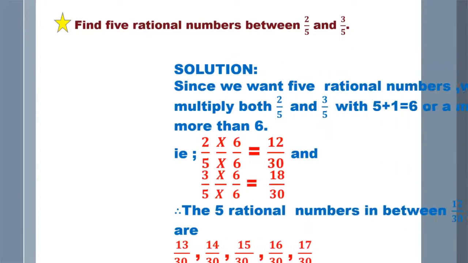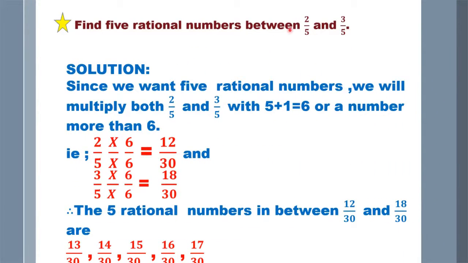Here the question is, find 5 rational numbers between 2 by 5 and 3 by 5. Since we want 5 rational numbers, as we saw in the previous question also, we will add 1 to it and we get 6. Now we will convert the rational number 2 by 5 into its equivalent fraction by multiplying by 6 both in numerator and denominator.